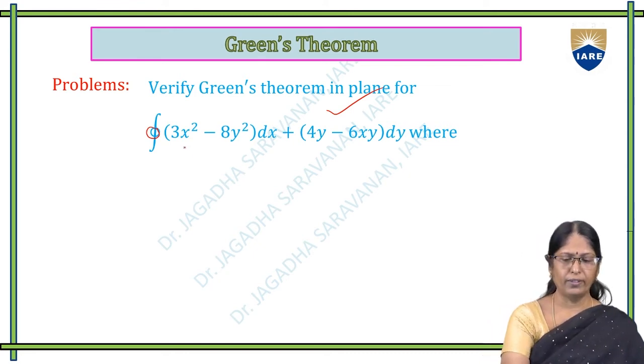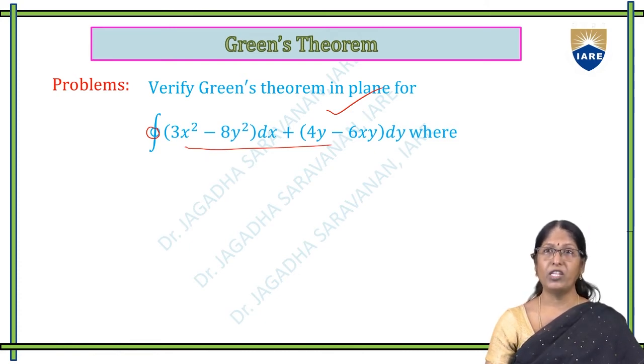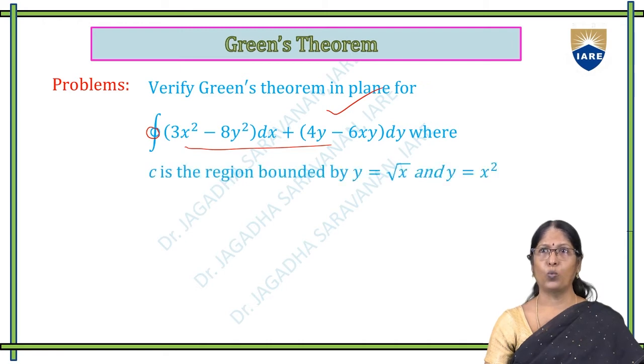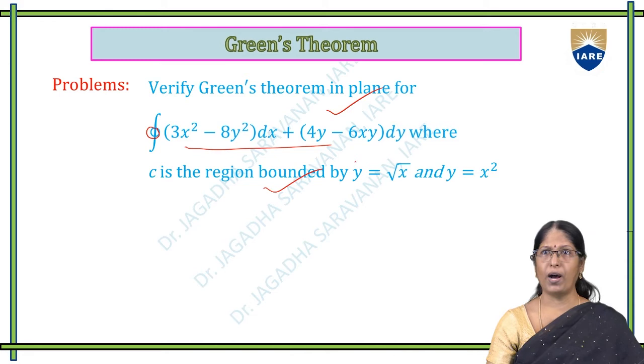The function is (3x square minus 8y square) dx plus (4y minus 6xy) dy, where C is the region bounded by y equal to root x and y equal to x square.